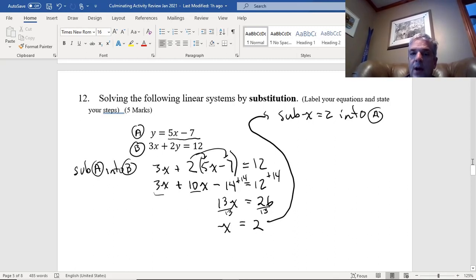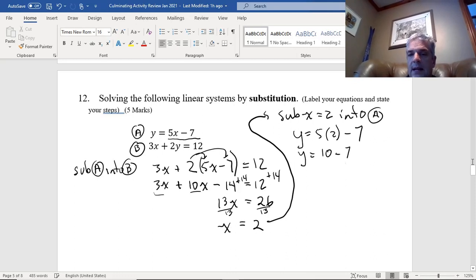So now I'm going to write the A equation, and instead of putting x in, I'm going to put 2 in. So y equals 5 times 2 minus 7. That equals y equals 10 minus 7, so y equals 3. Now I have an x value and I have a y value.